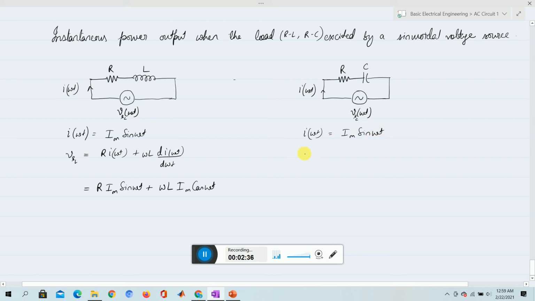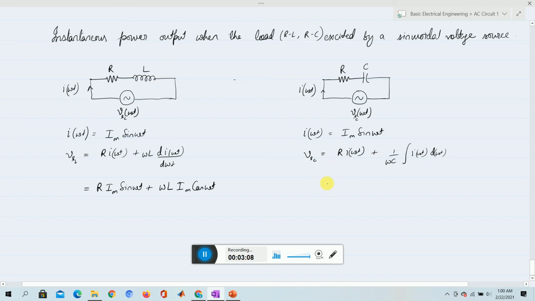Similarly, here I of omega t equals Im sine of omega t. So VSC equals R times I, because the voltage across R is R into I, plus the voltage across the capacitor, which is 1 by C integration of I d omega t. Now, instead of t we are writing omega t, so here also we are multiplying by omega.